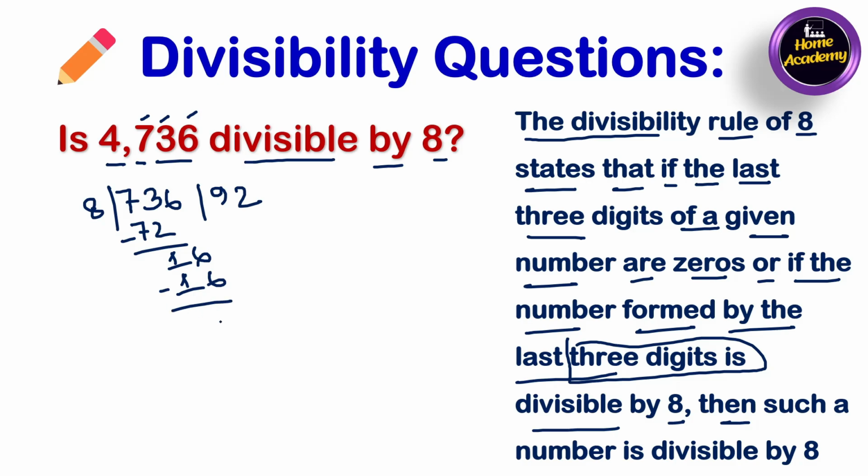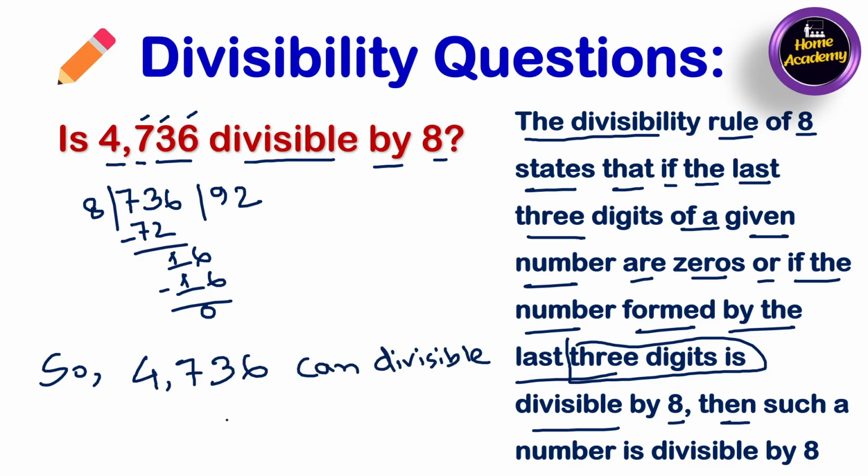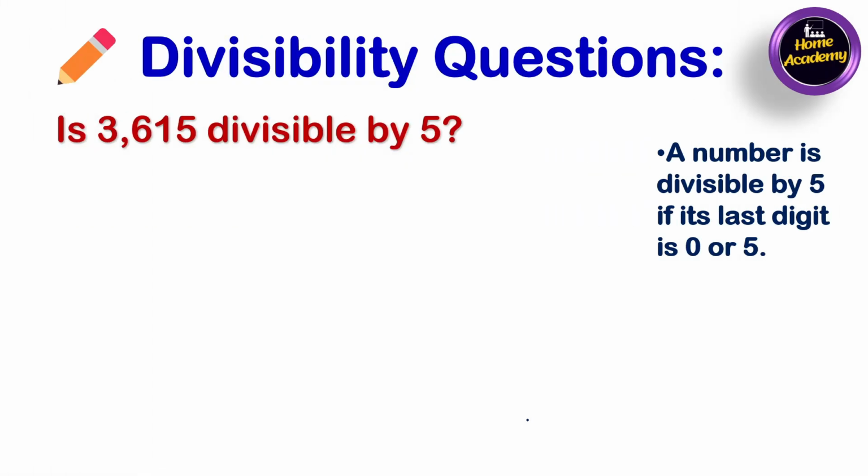So there is no remainder. So 4736 is divisible by 8. Okay.